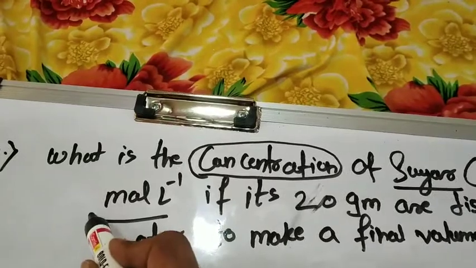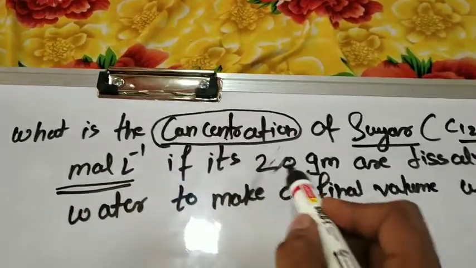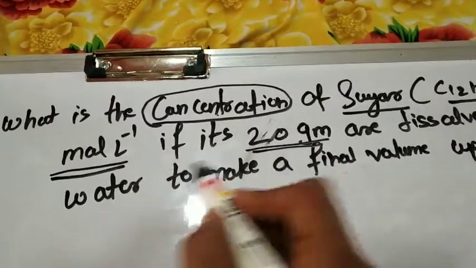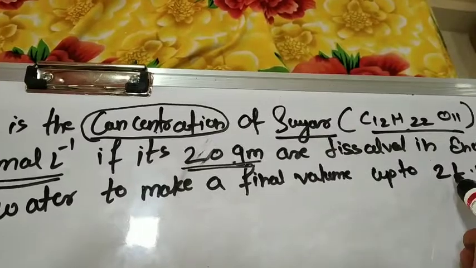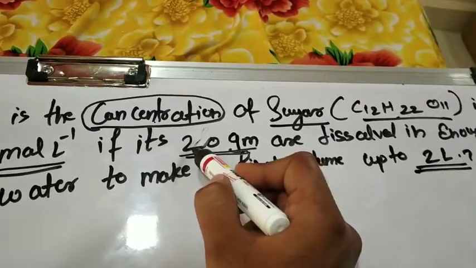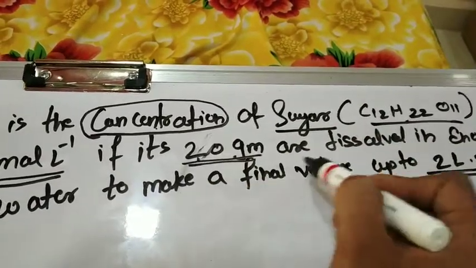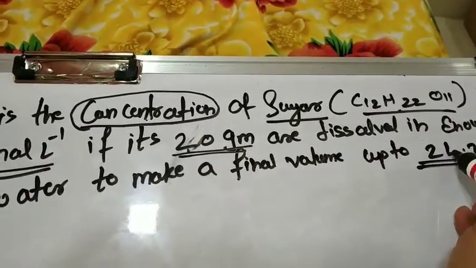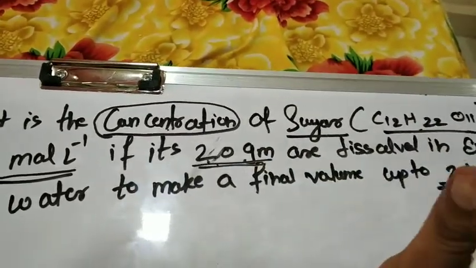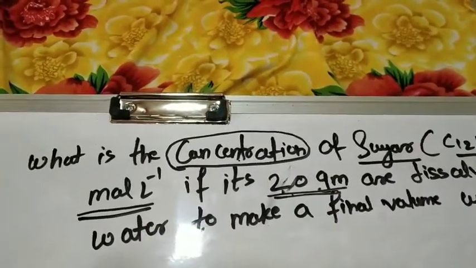You need to calculate the concentration of sugar in mole per liter, if 20 gram are dissolved in enough water to make a final volume up to 2 liters. So we had dissolved 20 gram of sugar into enough water to make the final volume up to 2 liters. Okay, did you understand? So 20 gram is dissolved in 2 liters. Okay, so let's write down the given data first.